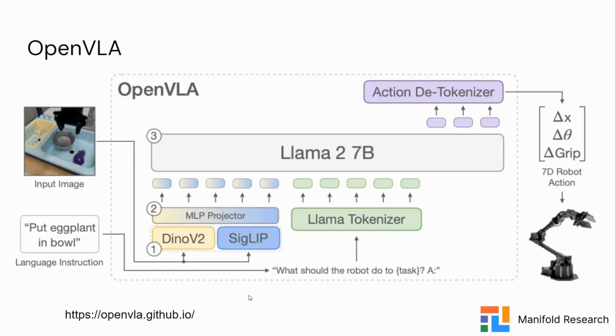This architecture allows some level of generalization, and it uses a unified action space for all of its training datasets, so it outputs into this consistent 7-dimensional action space.